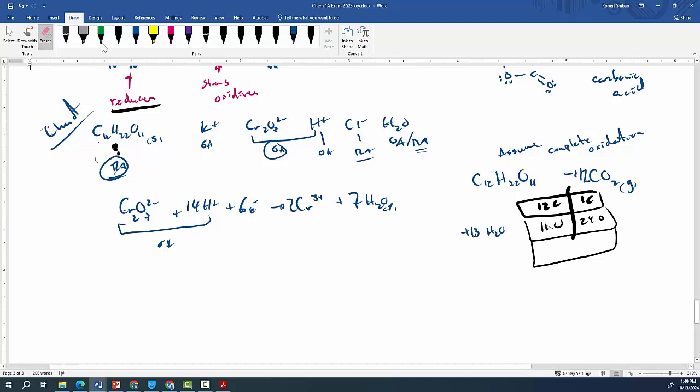So let me fix this. It should be 48 hydrogens. And then over here I have no hydrogens, so I need to add 48 H plus.